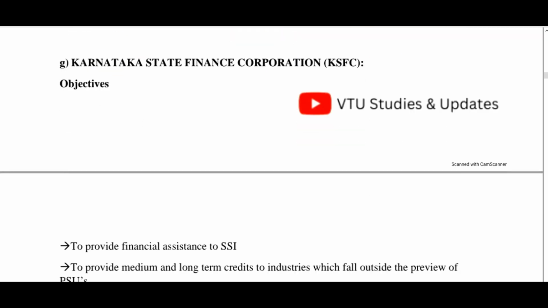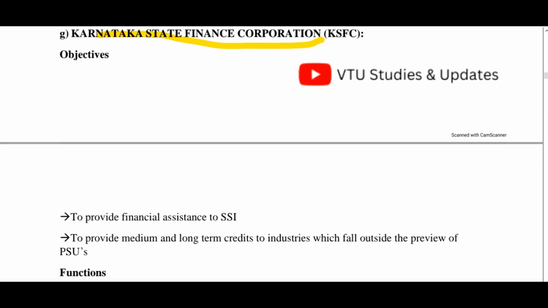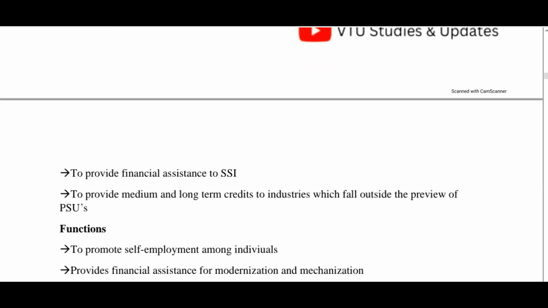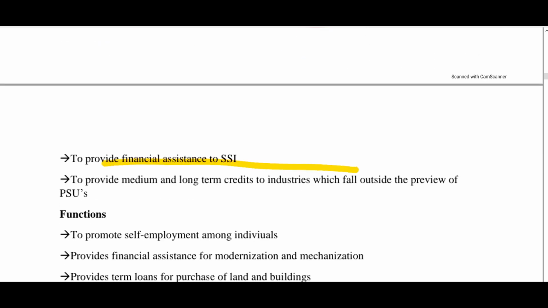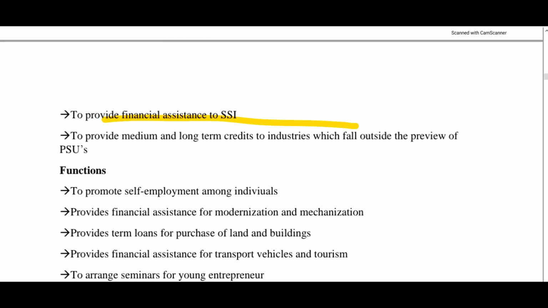The next one is Karnataka State Financial Corporation, KSFC. The objective is to provide financial assistance. Whenever you learn about banks or boards, the first thing that should come to your mind is financial assistance, to provide medium and long-term credit outside the PSUs.